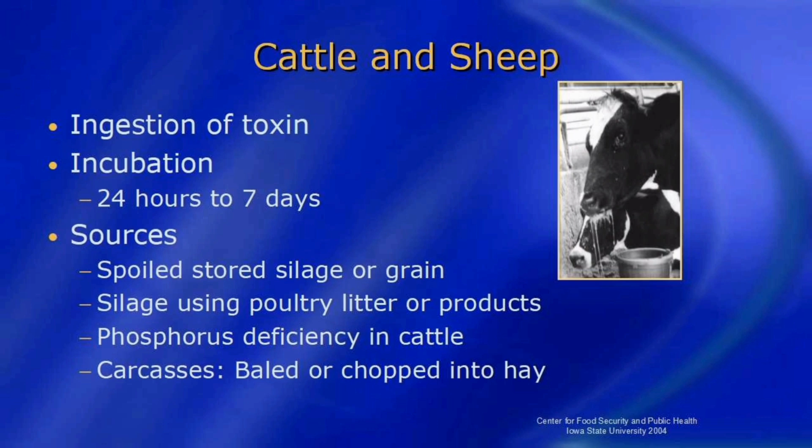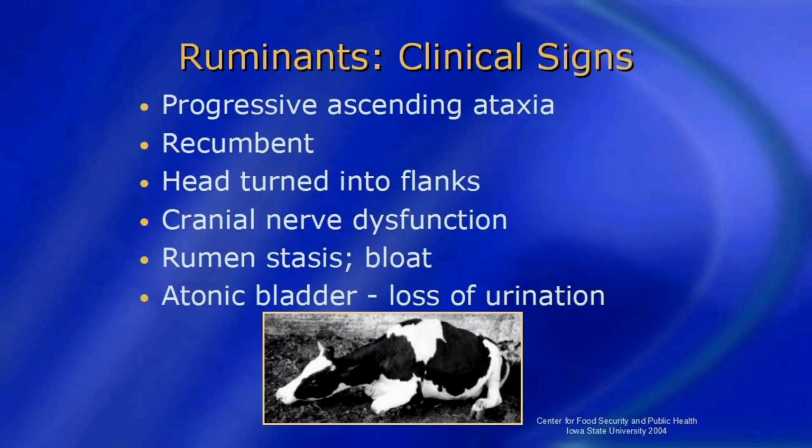Clinical signs in ruminants include progressive ascending ataxia from the hind limbs to the forelimbs. Animals are usually recumbent, and cattle will turn their heads into the flanks. Signs of cranial nerve dysfunction are present, such as dysphagia, drooling, tongue paresis, and facial muscle paresis.